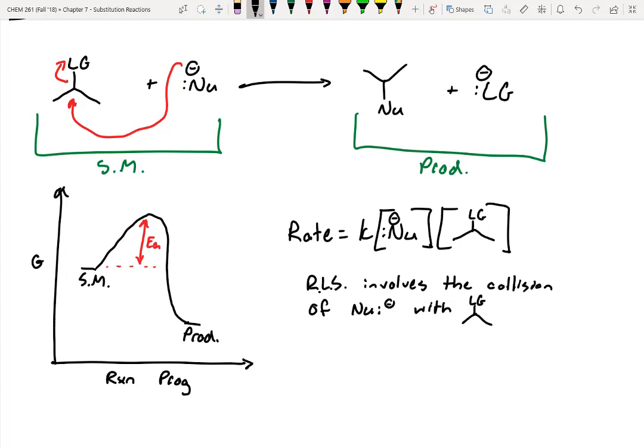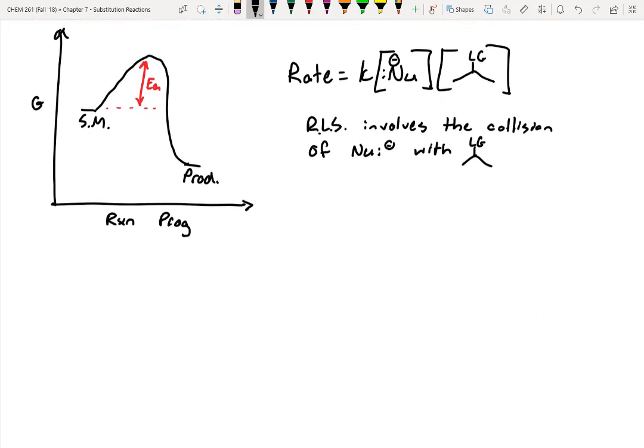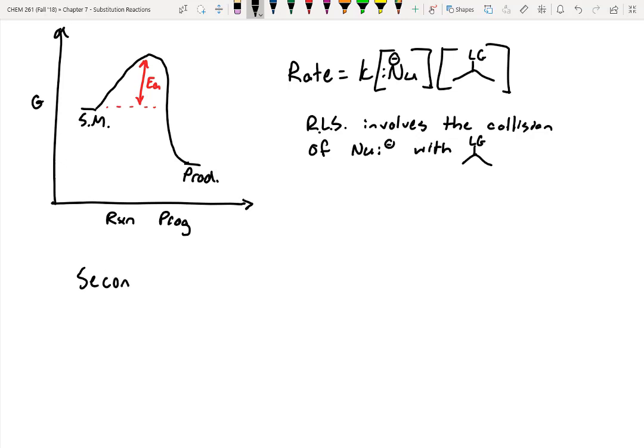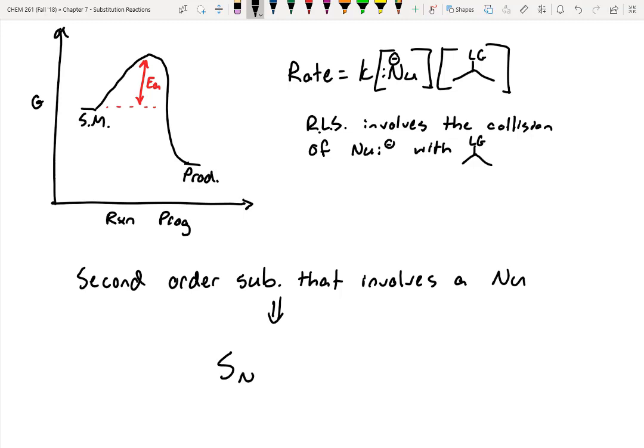All right, so if we look at this overall reaction rate, it's got to be a second order reaction. So this is going to be a second order substitution that involves a nucleophile. So just like before, what we're going to call this one is SN2.